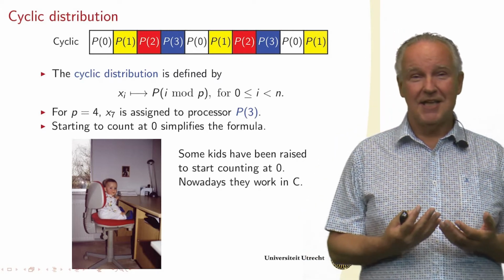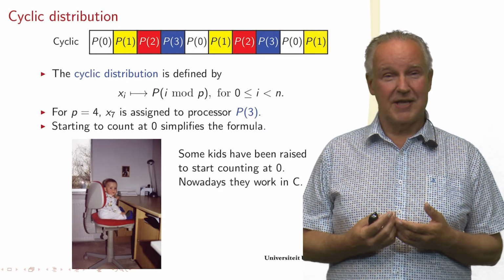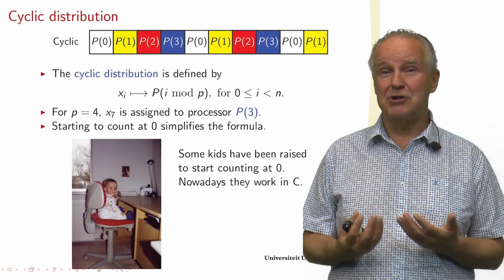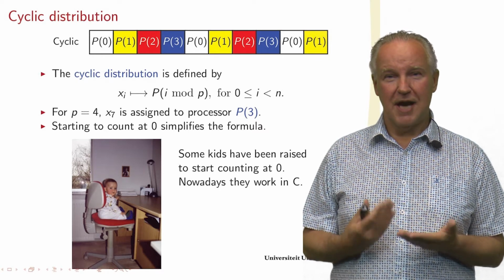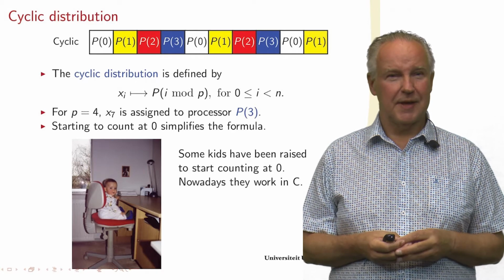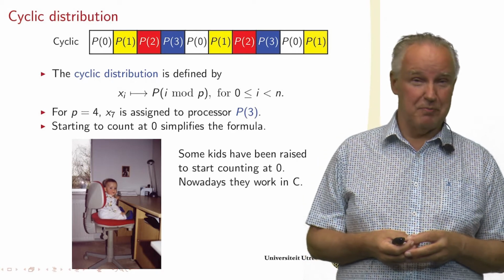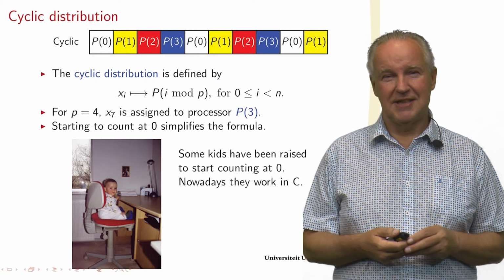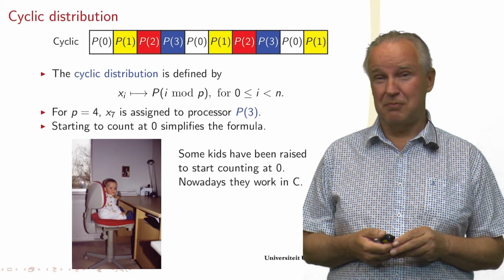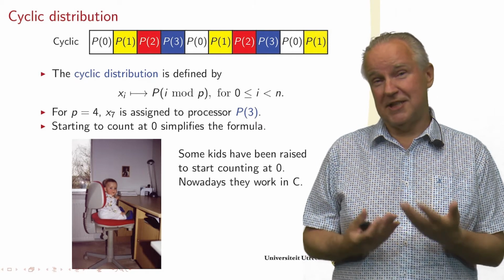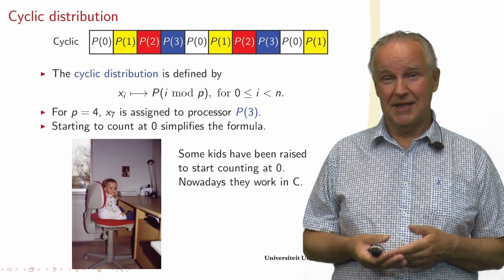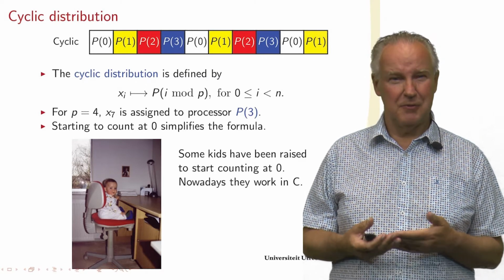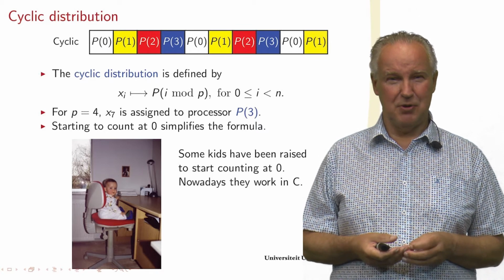And mathematically, it means that a vector component x_i is assigned to processor i modulo P. So we are counting modulo P. For example, if I have 4 processors and I have element 7, then this is assigned to processor 7 modulo 4, which means I need to subtract multiples of 4, and the result is 3. So processor 3, which is the last processor, will get that component.